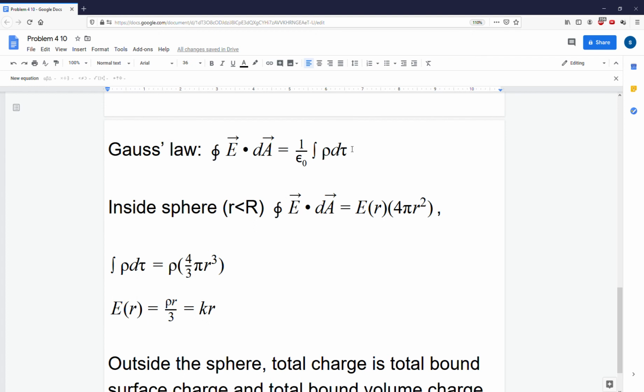For a spherical Gaussian shell that is inside the sphere, we can say that the left-hand side of Gauss's law, since we're assuming radial symmetry, the electric field will depend only on r, and so it is E of r times 4 pi r squared.